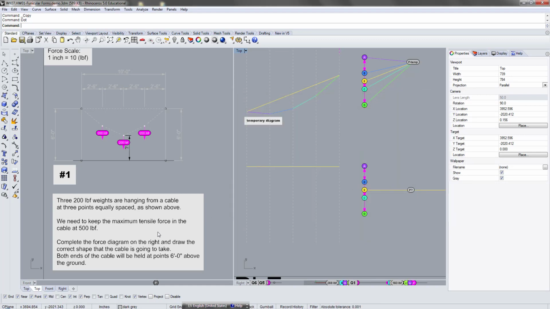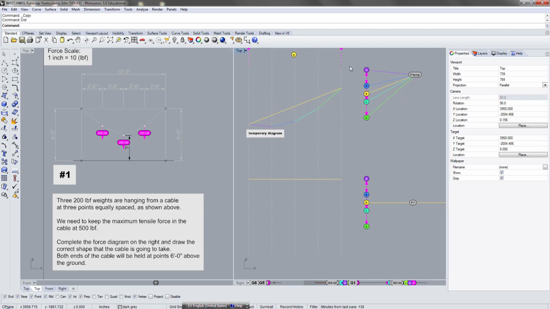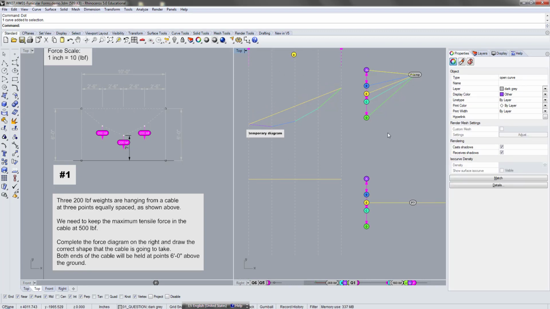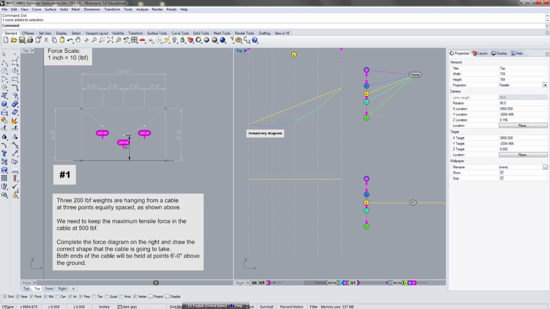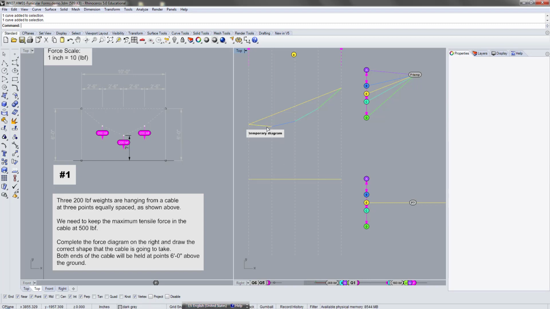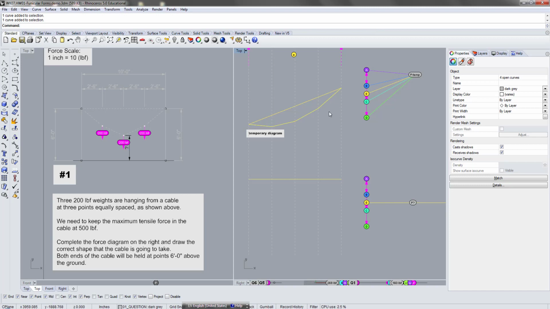So the next criteria that we have, like I said in the beginning, is about the internal force in all of the cables. So we need to keep the maximum tensile force in the cable at 500 pound force. So let's just look at whatever we draw above and what the internal forces are in this case, that is, if that cable takes that shape.